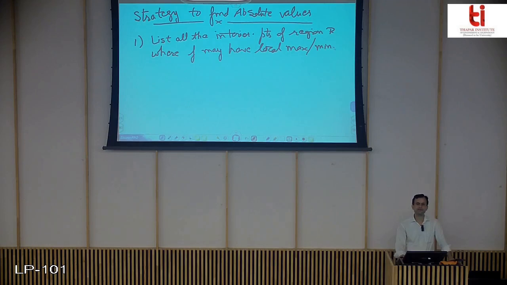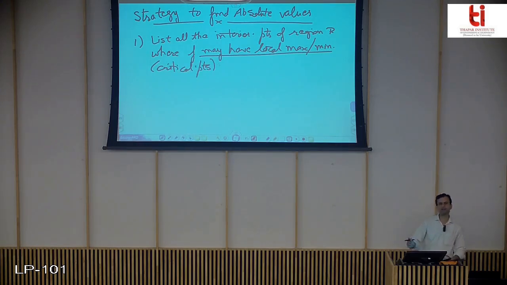So first we target the interior of the region and look for the interior points where f may have local maximum, minima. Basically, we are looking for the critical points, because critical points are the interior points where there can be a maximum or minimum. Once that is done, evaluate f at these points.